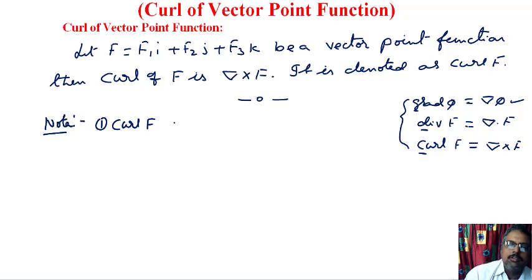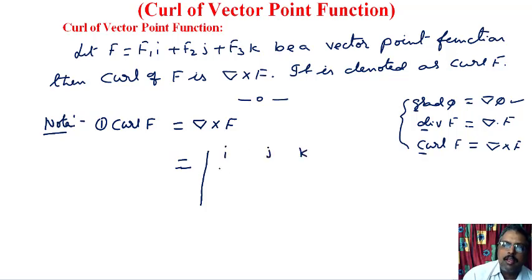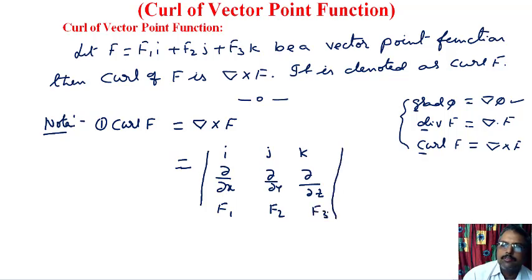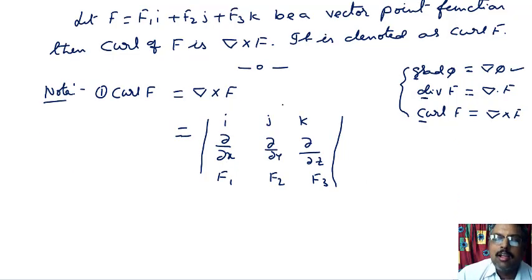Curl f equals del cross f. How to find the cross product? Take the determinant of i, j, k, dou by dou x, dou by dou y, dou by dou z, f1, f2, f3. If you find the determinant, you will get the curl of f.